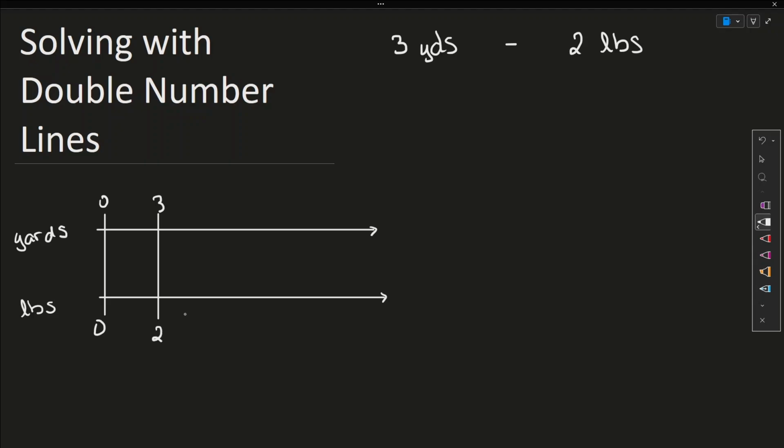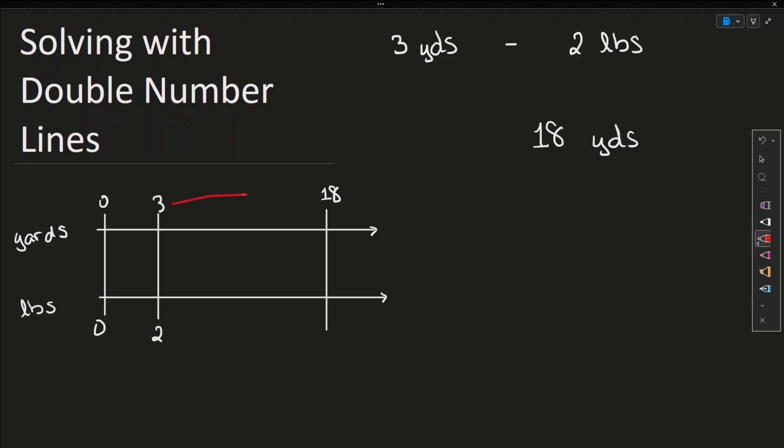Now, let's solve some problems. How much does 18 yards weigh? Well, our number lines don't have to be perfectly proportional. I'll go ahead and write this out, and I know 18 should be the number of yards.